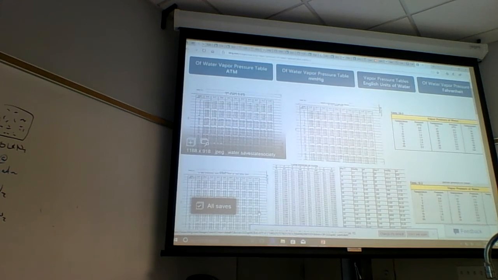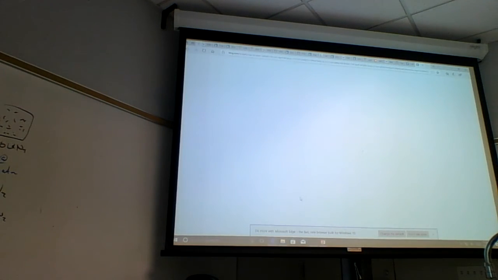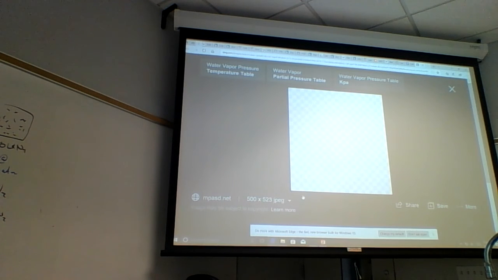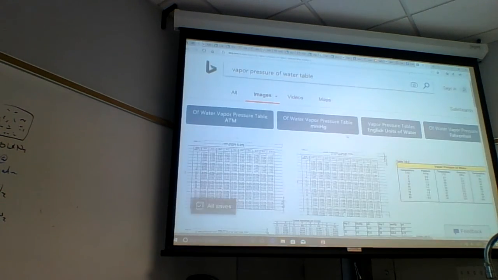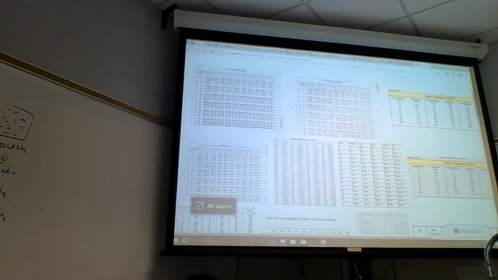Look at this table here. We can find lots of these tables online. We'll find one here.